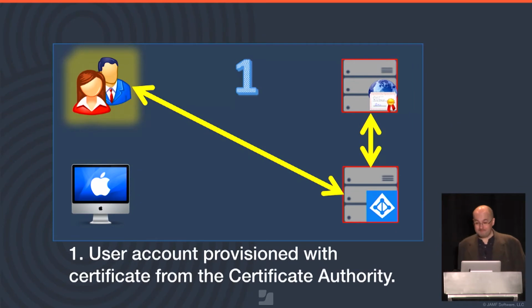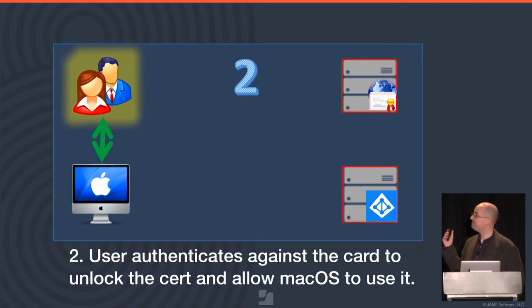So in the beginning, a user account is created for a user, and it's provisioned with a certificate from the certificate authority. That certificate is then put onto a smart card and given to the user in the corner there. They then use that smart card to authenticate to a macOS device, or even a Windows device for that matter.